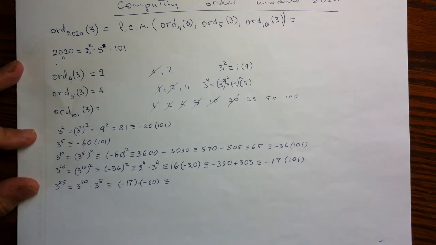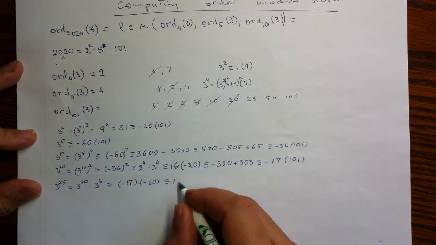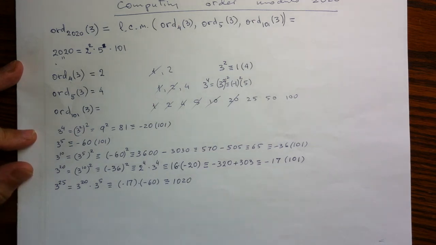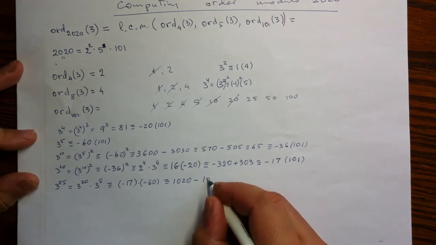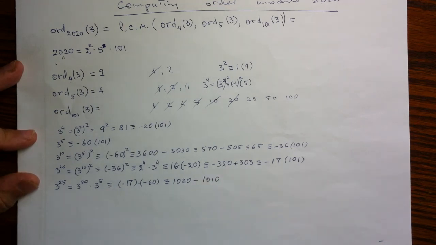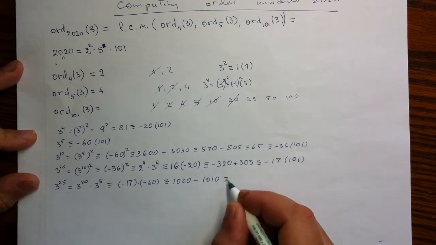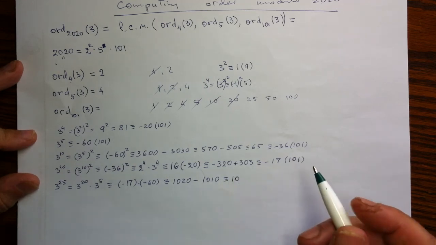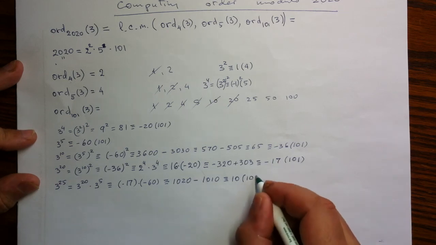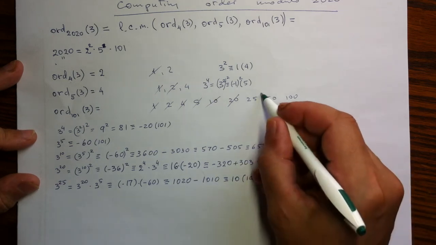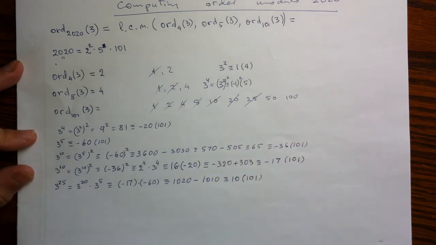So that will be 600 plus 420, so that will be 1020. And that can be reduced by taking 1010 out, which is a multiple of my modulus. And the remainder of that is just 10. Again, not congruent to 1, that is not the answer.